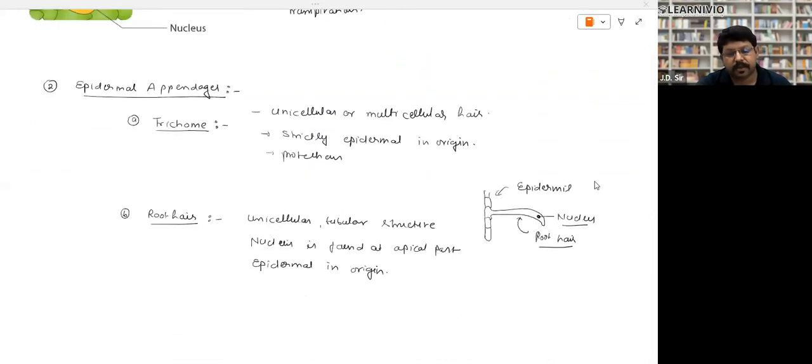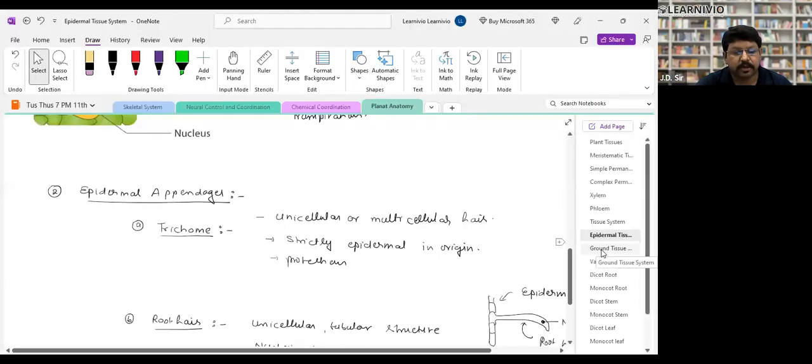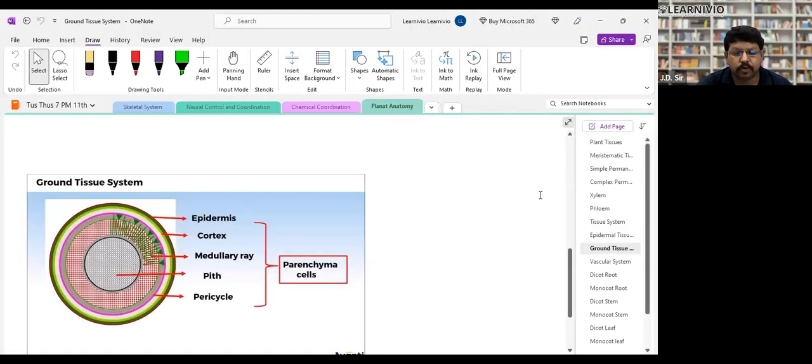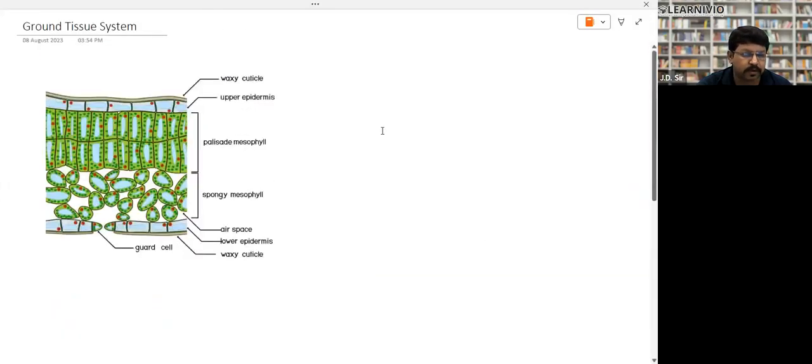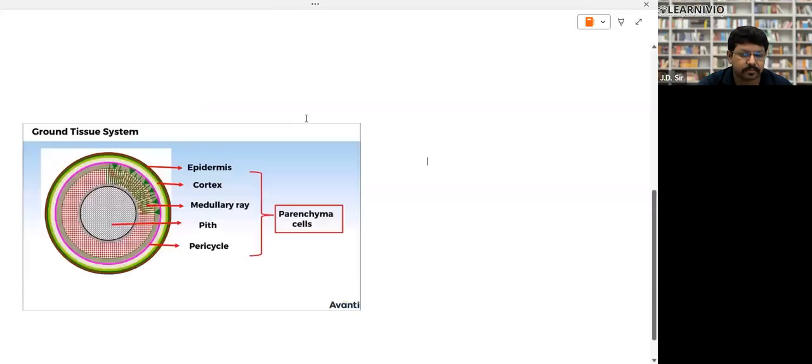So this was the epidermal. Now come to the ground tissues. We won't be able to complete this system today. But in the ground tissue system, try to understand this central part. This central part is made up of the vascular system.